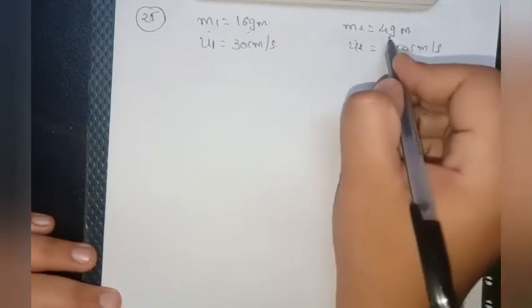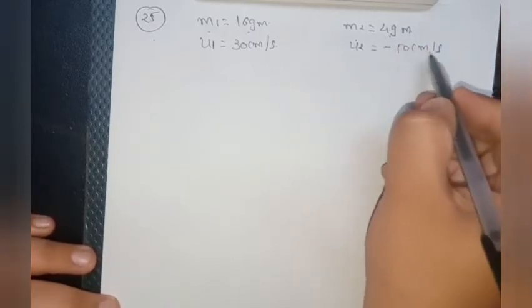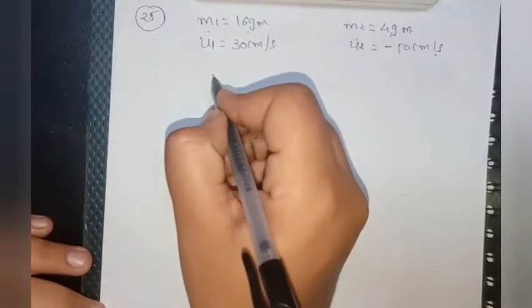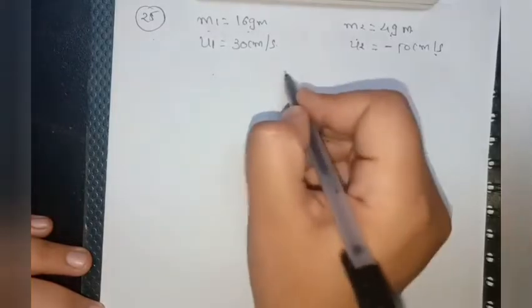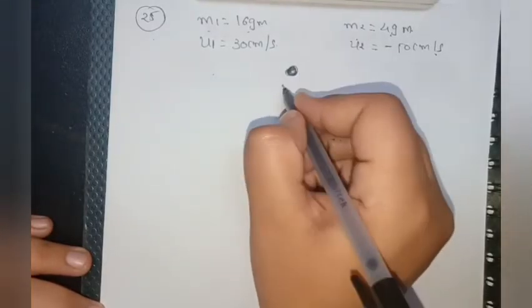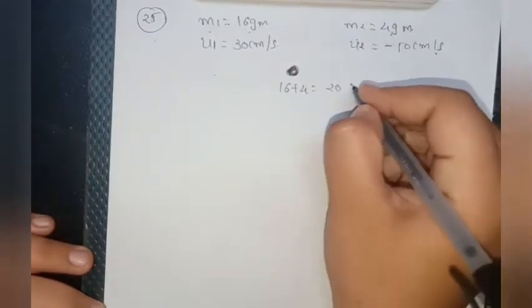Here it is moving along the negative x-axis, so the velocity will be minus 50 centimeter per second. They collide and they stick together. So after collision, total mass will be 16 plus 4, that will be 20 gram.